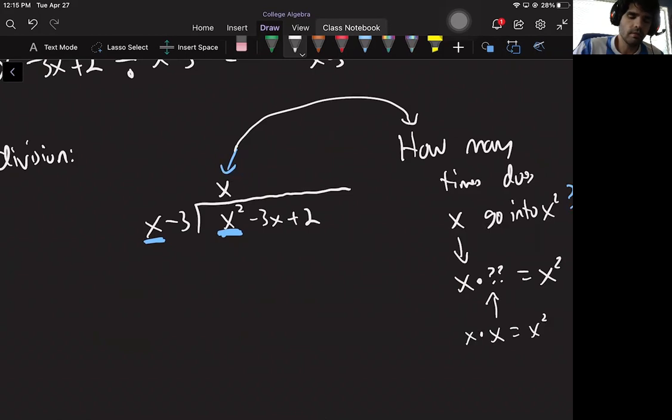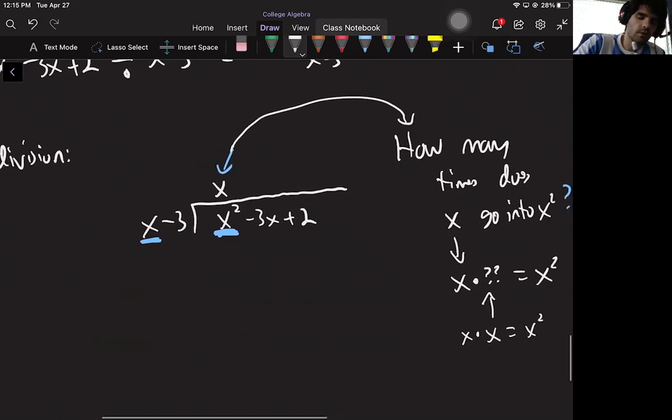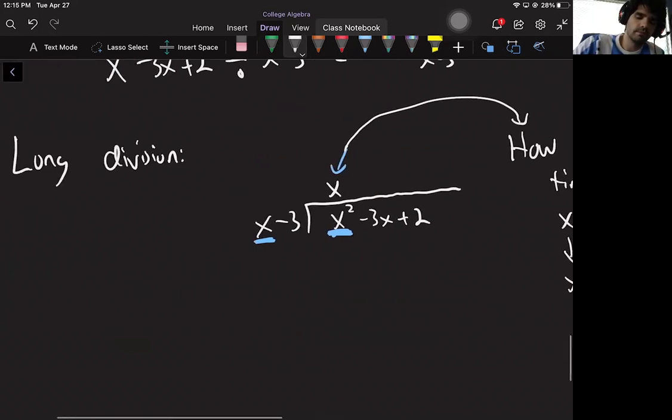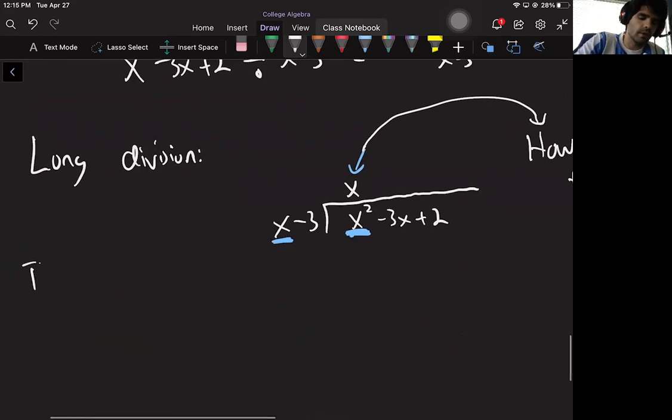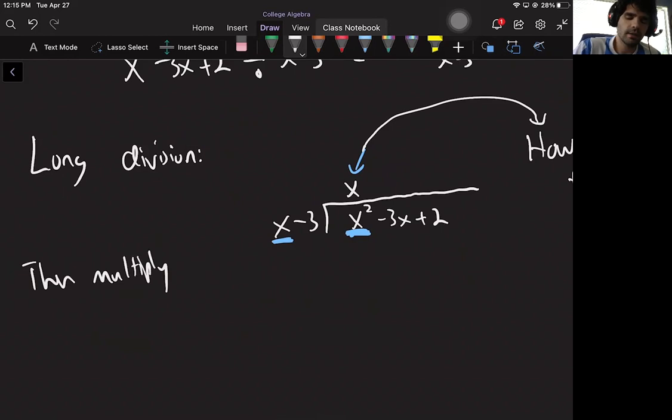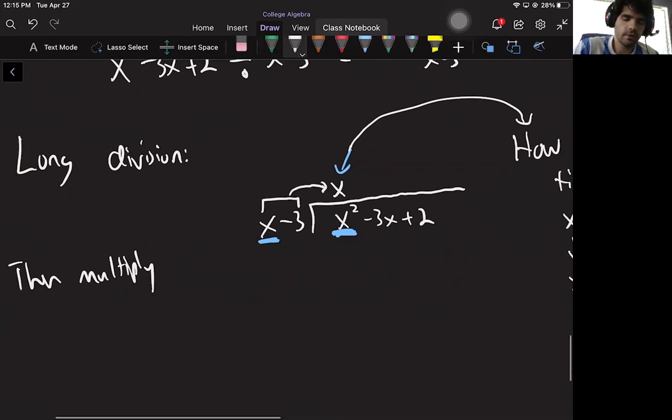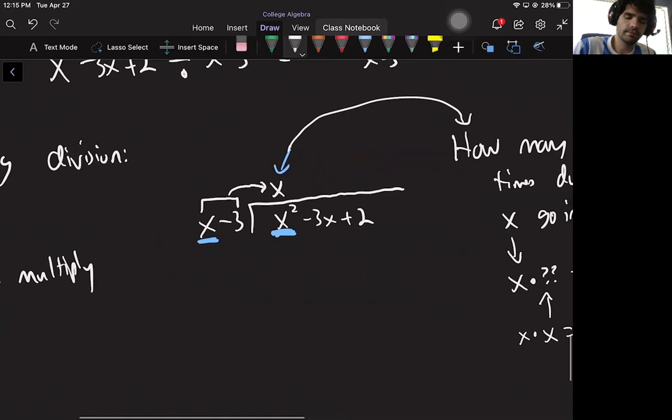And then I'm going to multiply just like before. So just how I multiplied my 6 times the number, I'm going to multiply this times the number, except it's not a number now, it's an x. So I'm going to multiply that times that, and that's going to go down here.